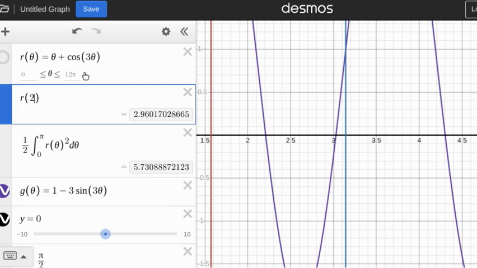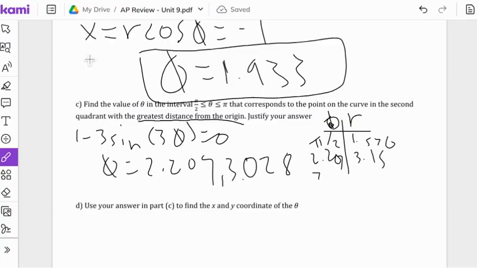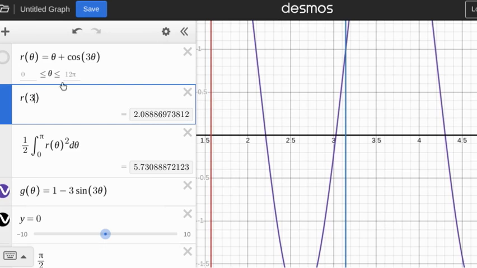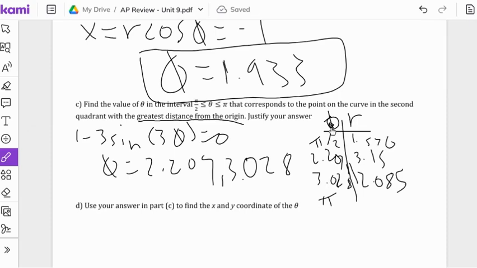And then our next value was 3.028, and that was 2.085. And then finally we have pi, and the value there is 2.14.